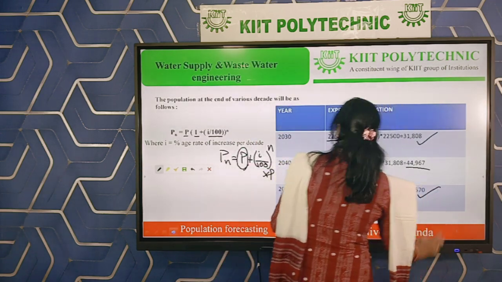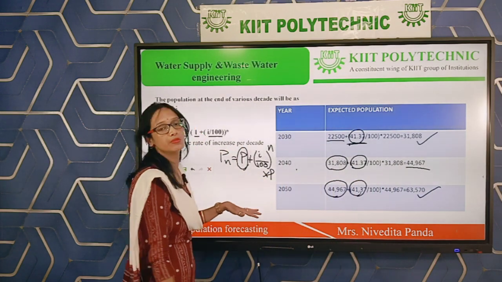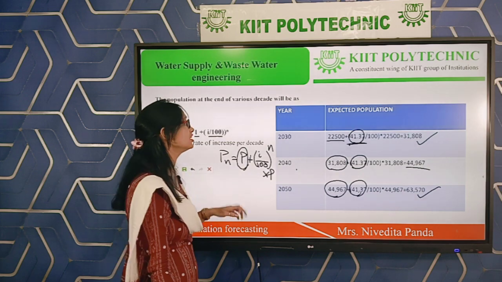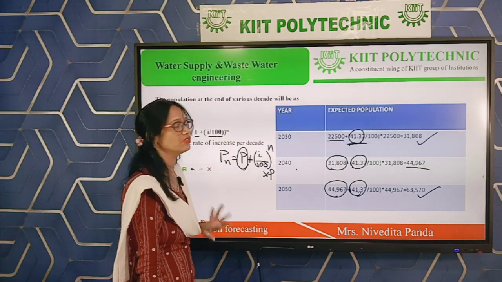So these are the expected populations according to the geometrical increase method in 2030, 2040 and 2050.